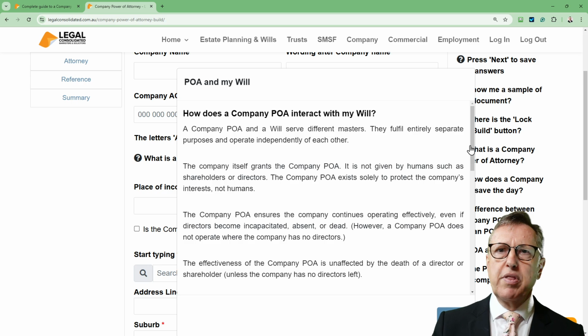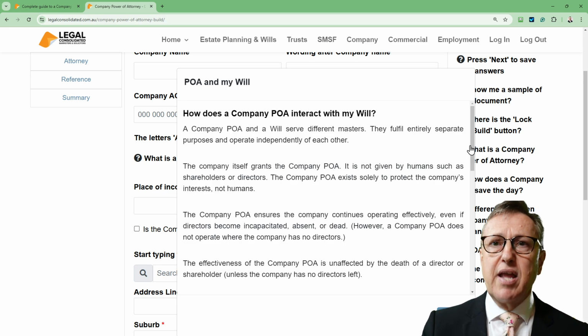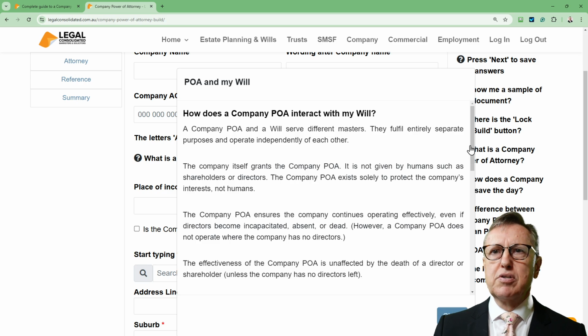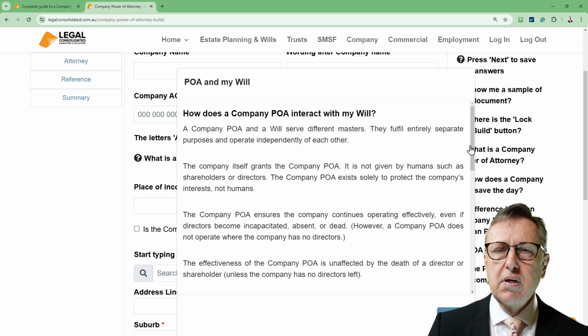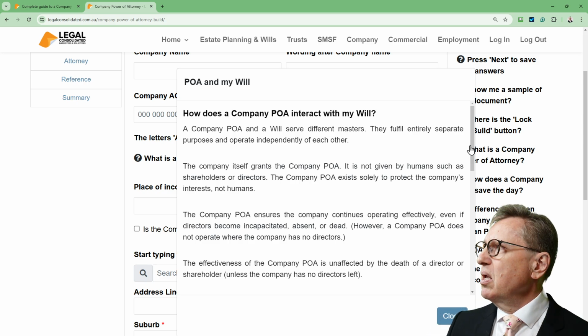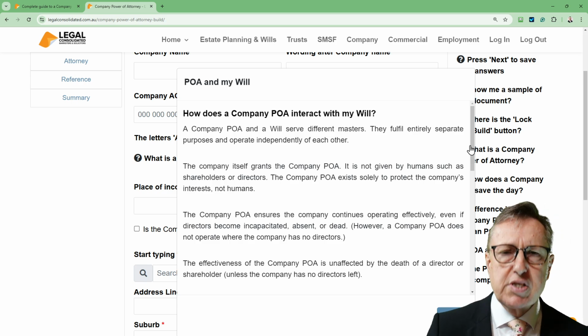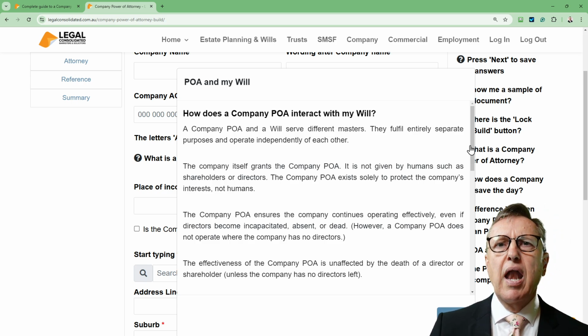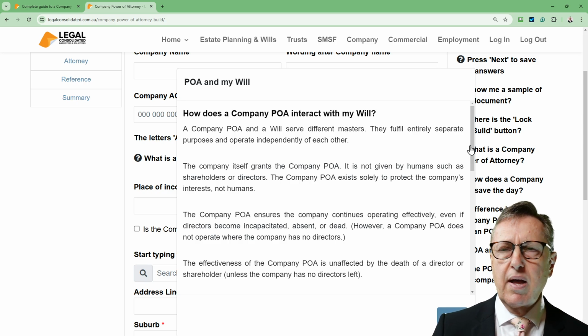It's got nothing to do with the company. The assets in a company belong to the company, they don't belong to the shareholders. Whereas a company power of attorney is the company itself allowing a human being to sign on behalf of the company.